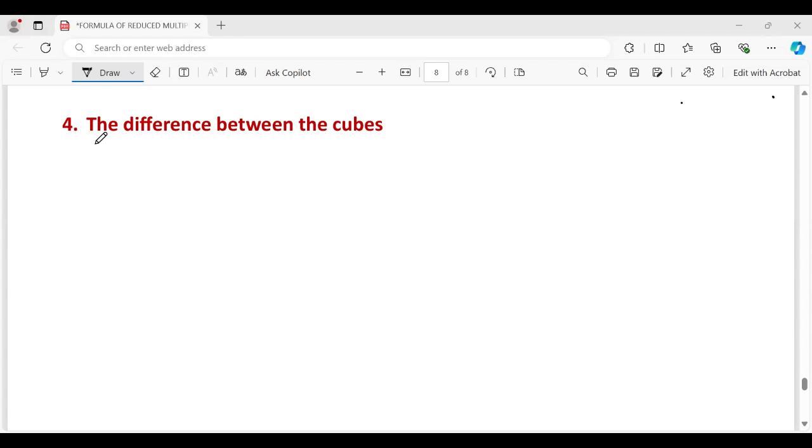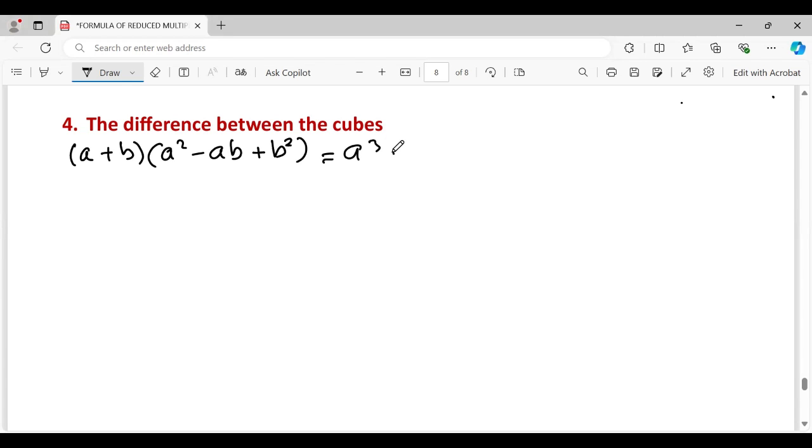Okay, next topic. Number 4, the difference between the cubes. Just now, I have explained (a plus b) multiply (a squared minus ab plus b squared), and the result is a cube plus b cube.